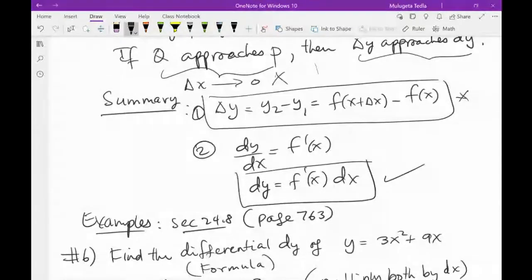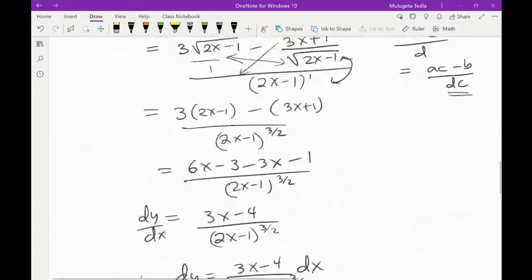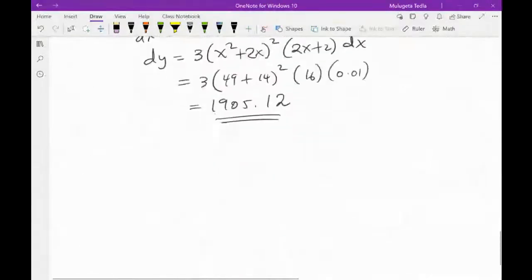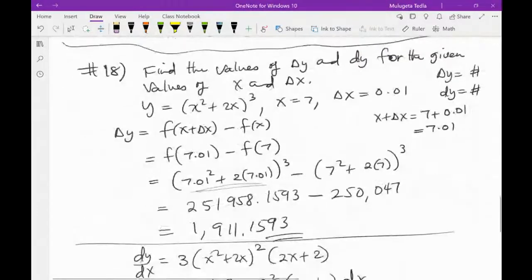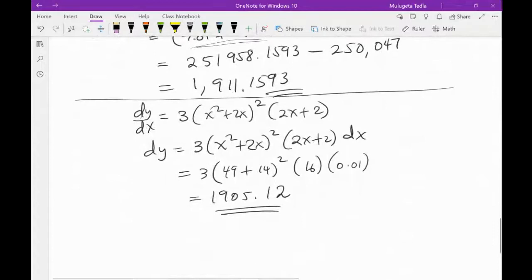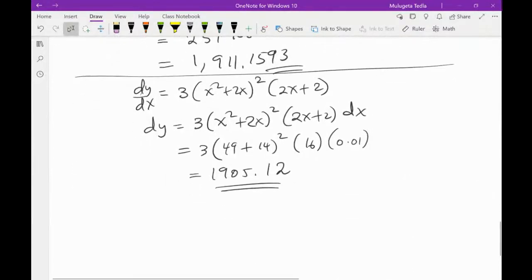If dx or delta x is almost 0, then the difference between the delta y's would be the same. The smaller the change in x, the smaller the change in y is.